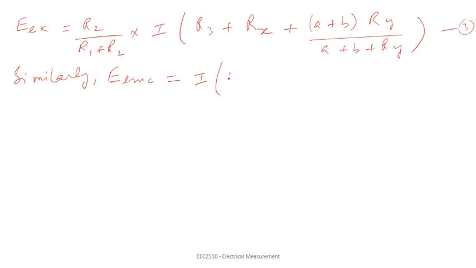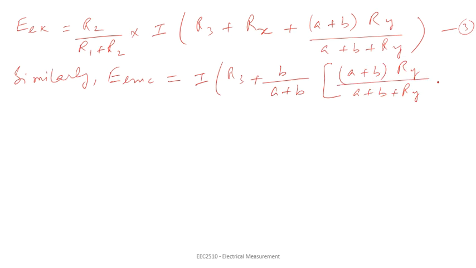This will be I times R3 plus B over A plus B times (A plus B) times Ry, plus (A plus B) Ry. So again, this you can obtain by simply applying KVL equations or simple voltage and current relating equations.